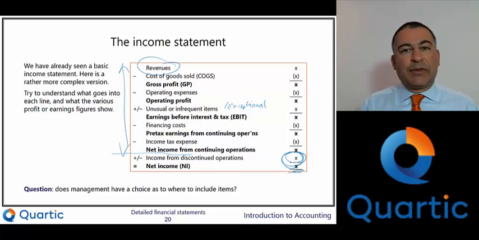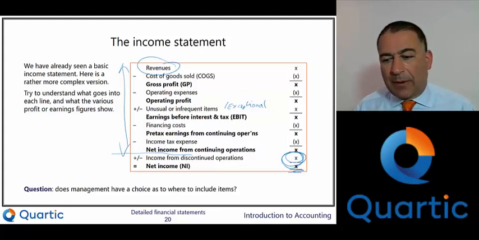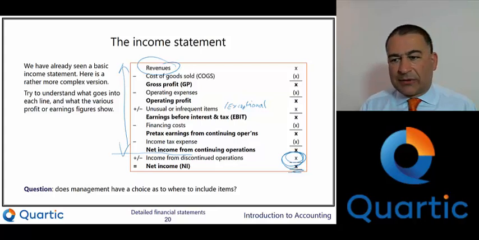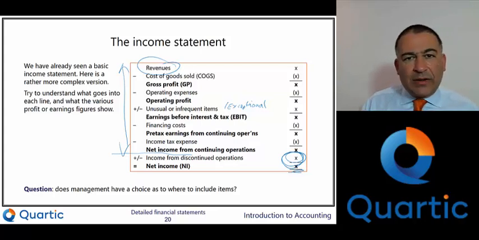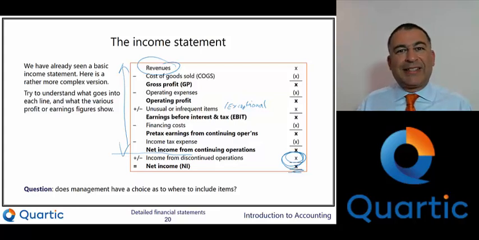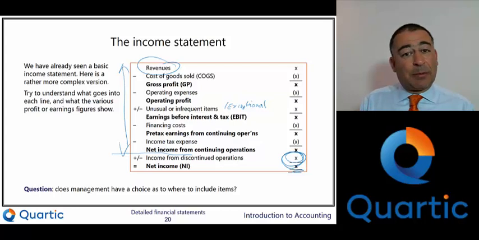But anything that was sold during the year, all the discontinued operations, have been separated into a single number. So that's a little bit more detail on the income statement. And hopefully you've now got a feel as well for the fact that managers are making decisions, and they do have influence over where particular numbers, especially costs, go. And it does make a difference to some of the subtotals.